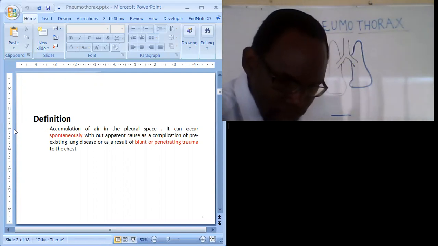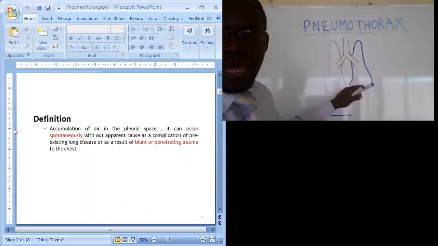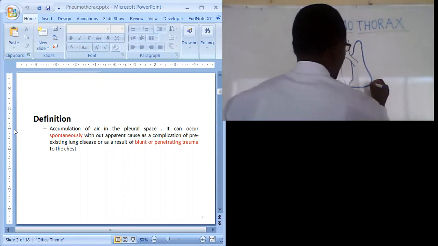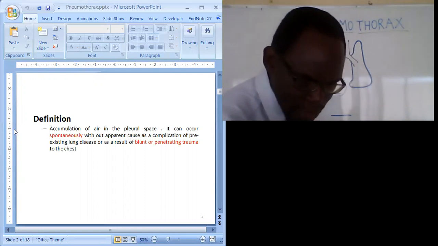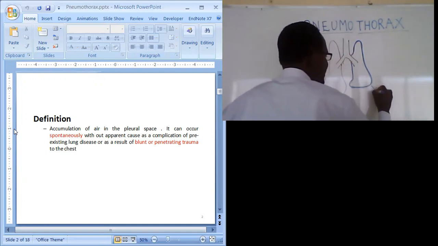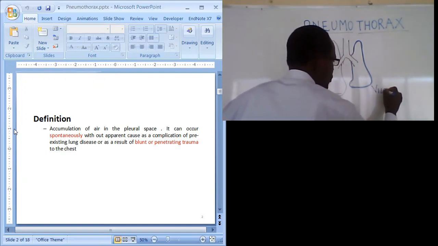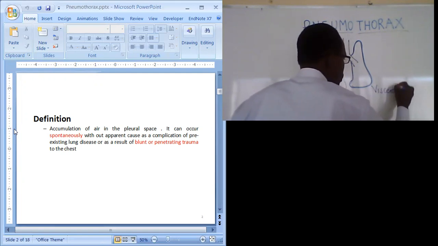That layer that covers the lung itself is what we refer to as the visceral pleura.